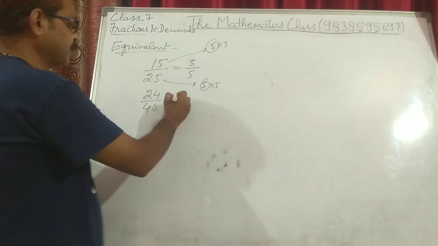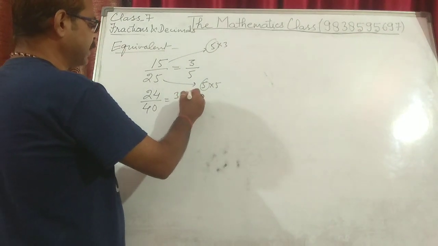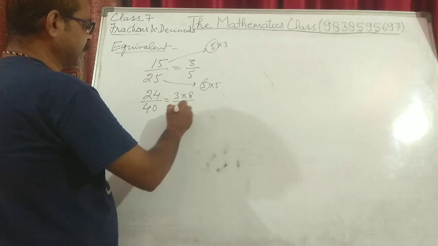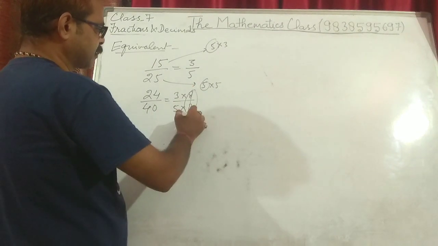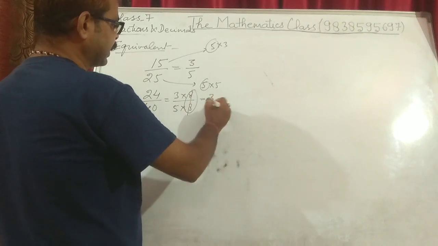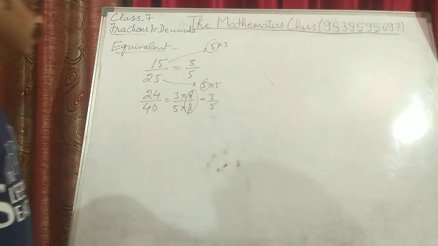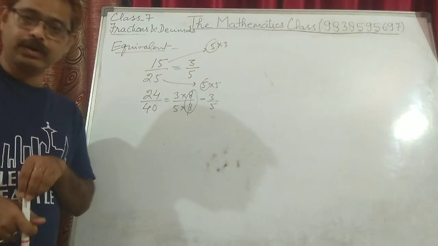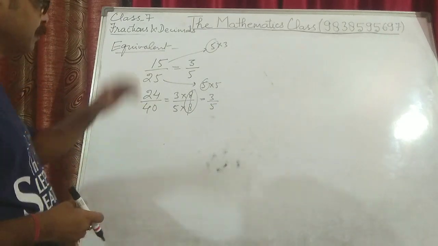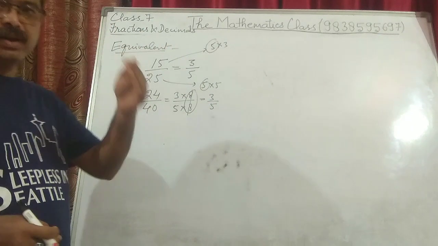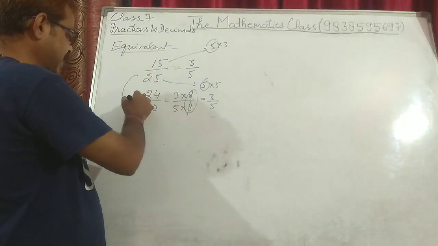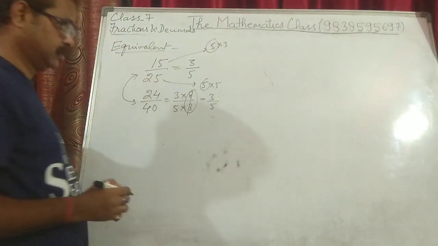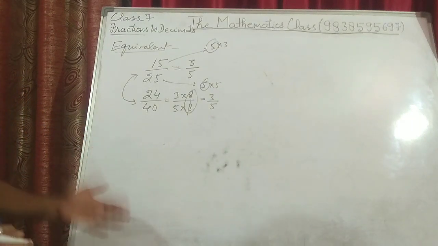Now 24 can be written as 3 into 8 and 40 can be written as 5 into 8. So if you cancel these common factors, you will again get 3 upon 5. So if two fractions can be reduced to the same value, then those two fractions are known as equivalent fractions.